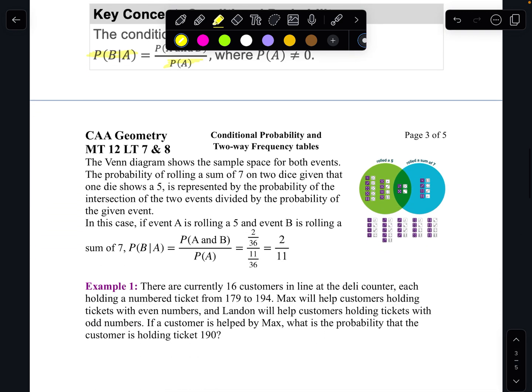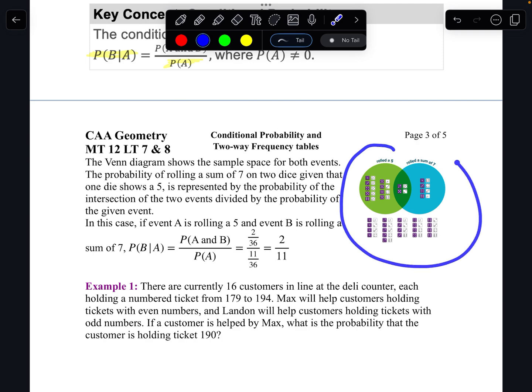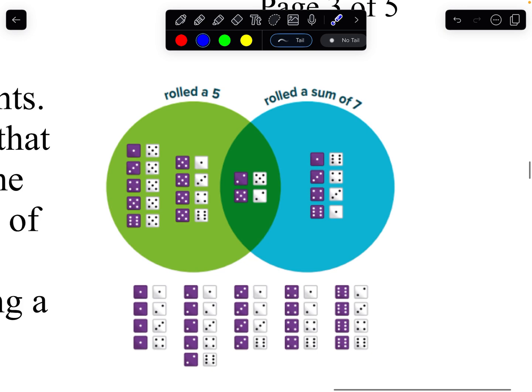We can take a look at here, using these formulas. I made a Venn diagram here showing if we roll a 5, we have 11 of those choices, don't we? Okay, and then I'm going to look at rolling a 7. And out of those, 2 of them are going to be rolling a sum of 7 with one of them being 5.